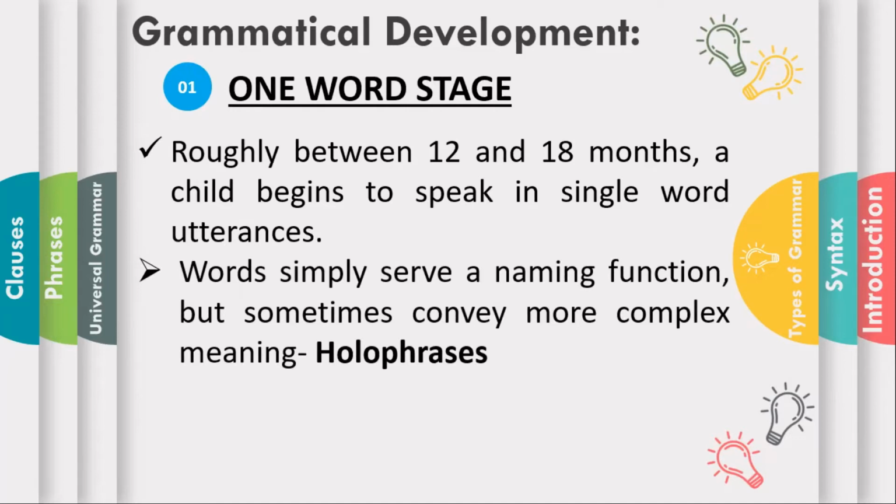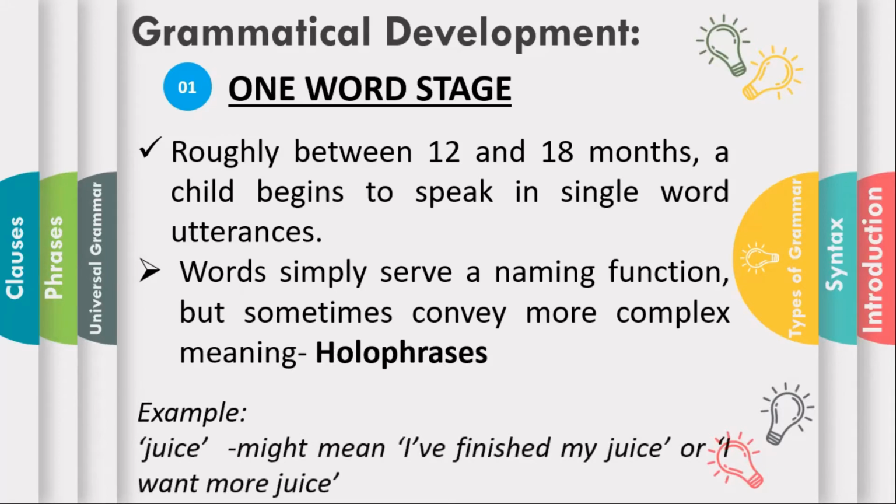The words that children learn within this stage are predominantly nouns. For example, the word juice might mean I've finished my juice or I want more juice. Therefore, the single word is taking the place of a more complex grammar construction that the child hasn't learned yet.